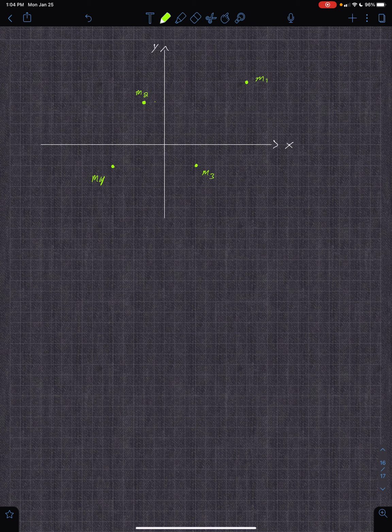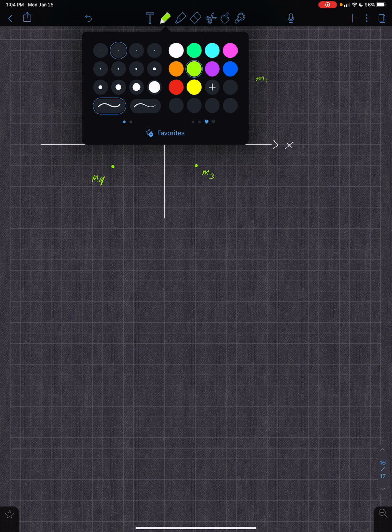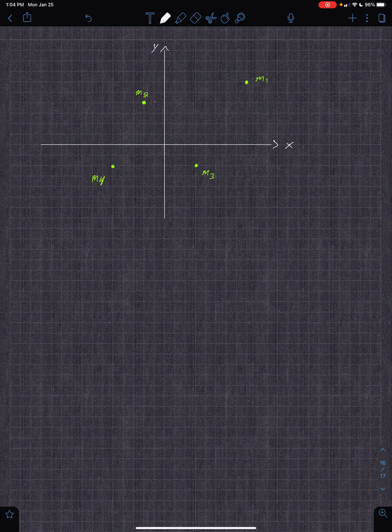Each of those masses has a corresponding ordered pair associated with it. So this would be x1, and this would be your y1. This would be your x2 and your y2. Let's label all those.